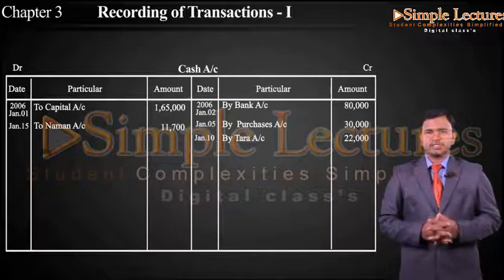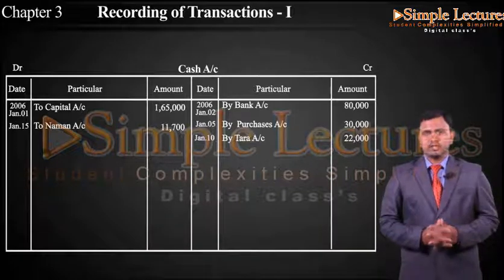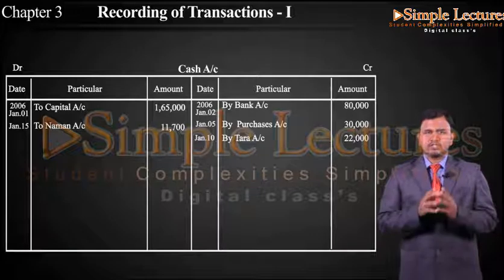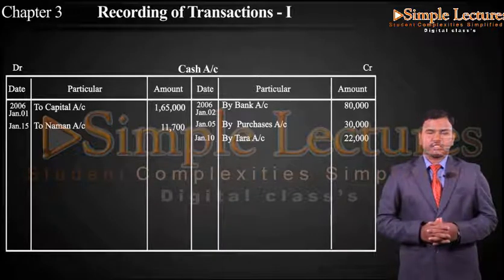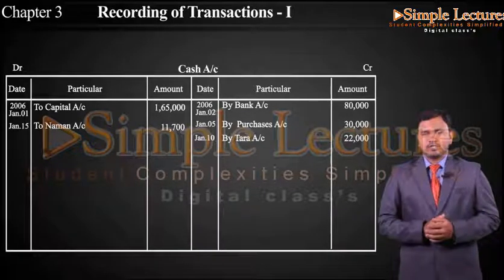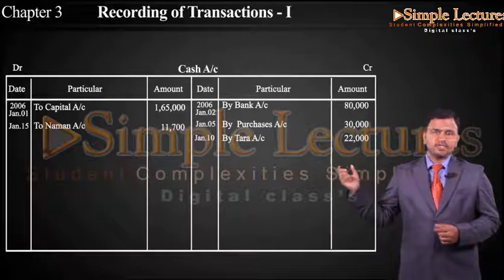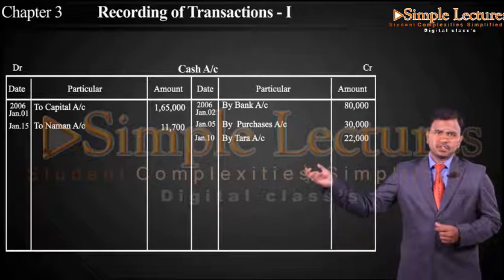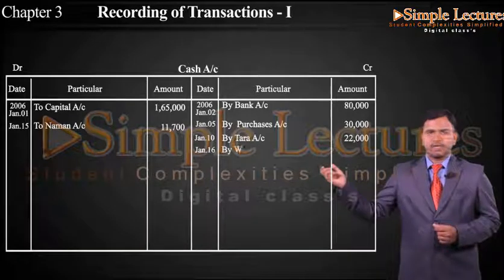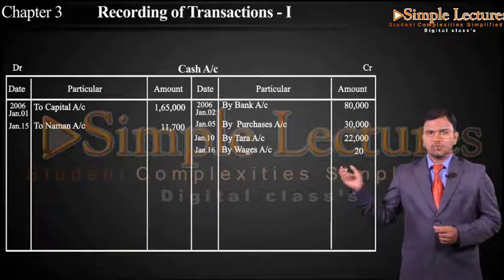Let us take the next transaction, which we have on Jan 16th: wages account debtor to cash account. The amount is 200. Cash is credited here, in the sense you are going to take it in the credit side. So the date will be Jan 16th, by wages account, 200.